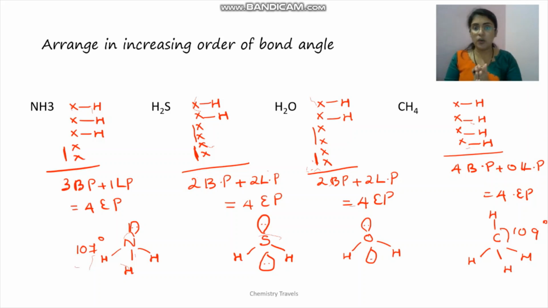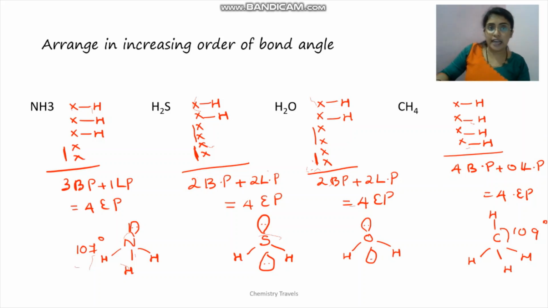It would come a little more down, and now out of the two, which would have a lower value? Both of them are having 2 lone pairs, both have the same shape, both have the same surrounding atoms, both have 2 lone pairs and 2 bond pairs, everything is the same. So the only difference is the central atom. So in this case we have to look into the electronegativity of the central atom. Whichever central atom has a lower electronegativity, the bond angle would be lower for that.